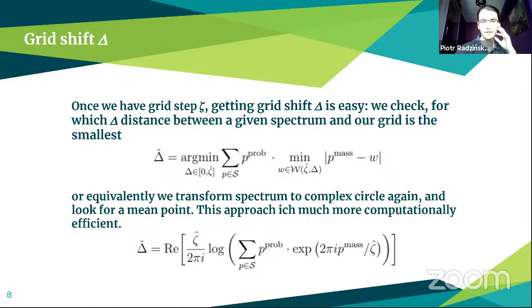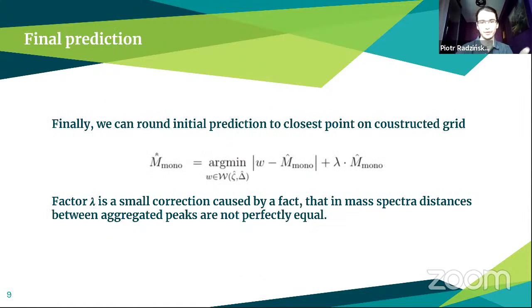And then finally, if we have the grid, we fit it to the spectrum. So far theoretical, we can round the prediction to the closest point. And there is some correction caused by the fact that distances are not equal in every part of the spectrum. For example, on the tails of the spectrum, they can be smaller. So this is just a small correction.